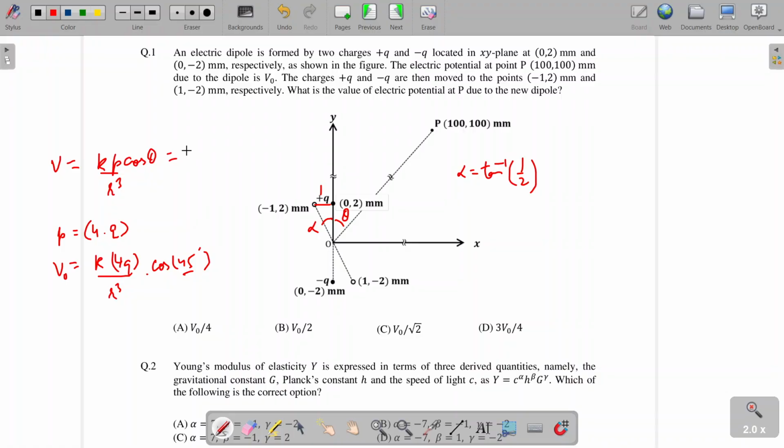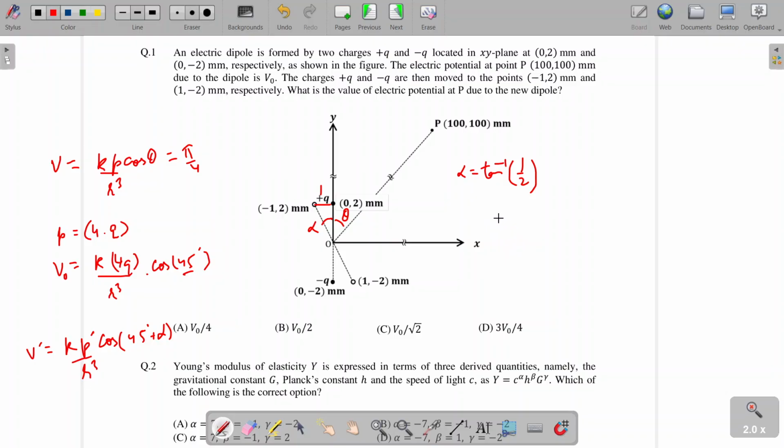This theta angle is 45 degrees. So the new potential is K, again the new electric dipole moment P dash, cos of 45 degrees plus this new angle alpha, divided by r cube. The distance has remained the same.